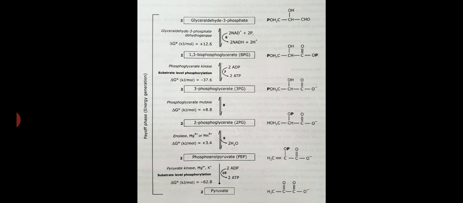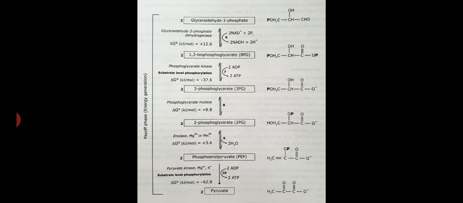In the sixth step, the two molecules of glyceraldehyde 3-phosphate produced in the preparatory phase are oxidized. This is carried out by the enzyme glyceraldehyde 3-phosphate dehydrogenase, and glyceraldehyde 3-phosphate is converted into 1,3-bisphosphoglycerate.